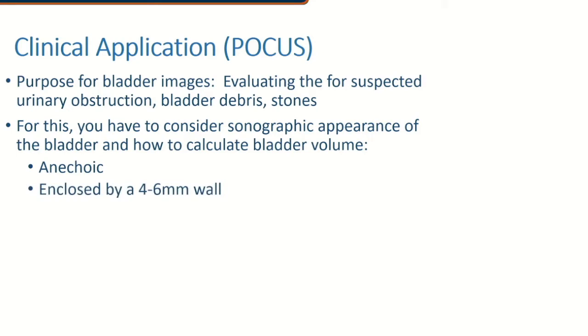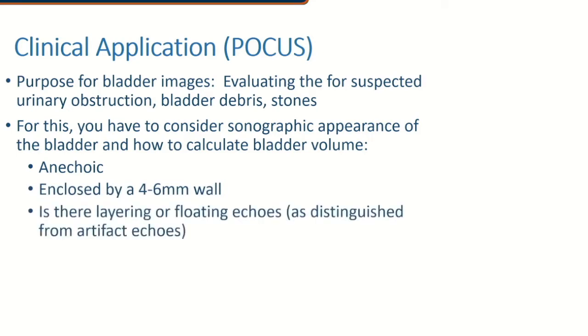It will be enclosed by about a 4 to 6 millimeter wall. And again, be sure if you're going to be evaluating all the way through the bladder, scanning in both planes, that you look for any potential floating echoes that are distinguishable from just the artifact echoes that you sometimes get in the bladder.